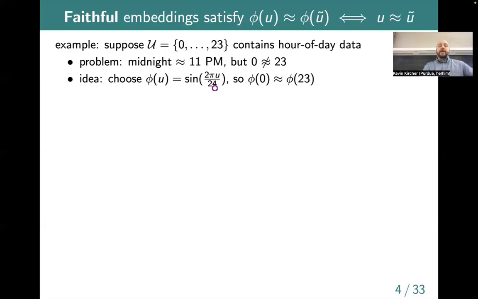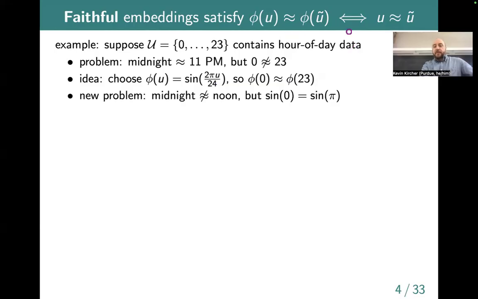Now this looks better because phi of 0, sine of 0, is 0. And phi of 23 is sine of 2 pi times 23 divided by 24, which is very close to the sine of 2 pi, which is 0. So these are now close together. The hours are close together, and things look okay.